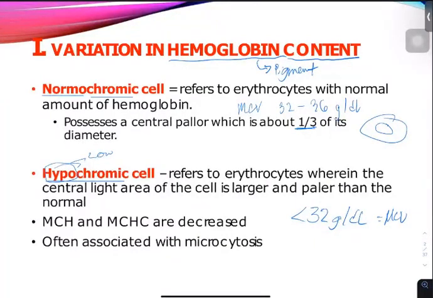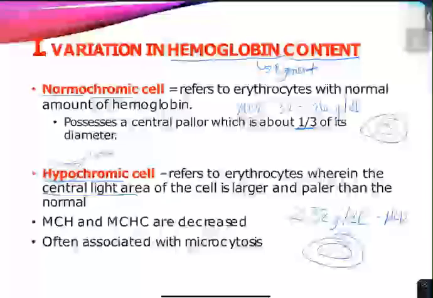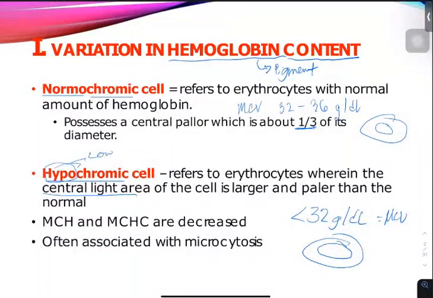It has less color than the normal RBC, so the central area of your RBC is now so big. The central pallor is too wide, greater than 1/3 of your cell.